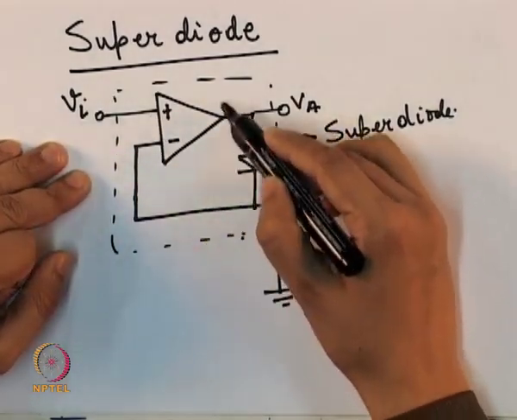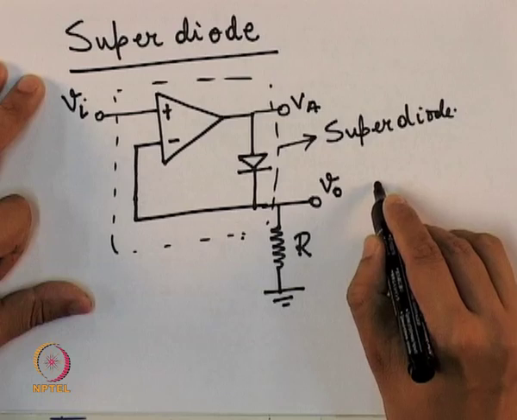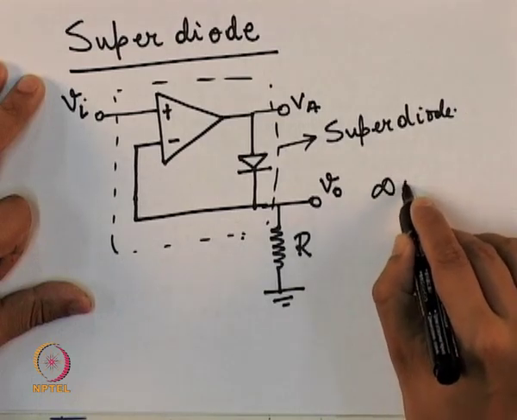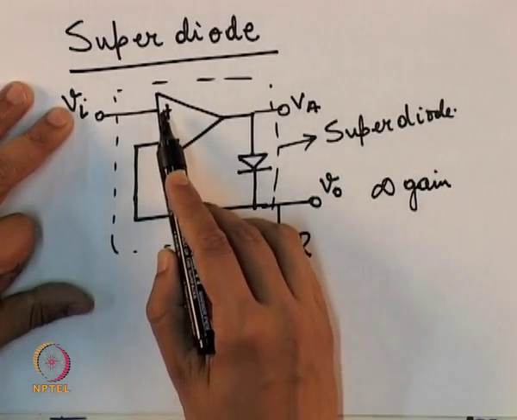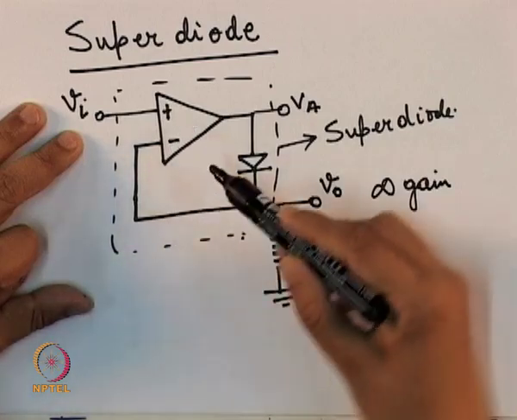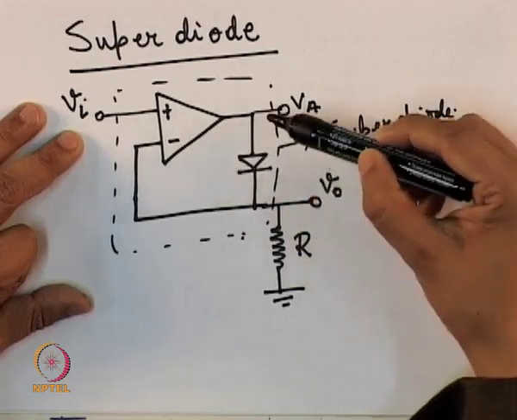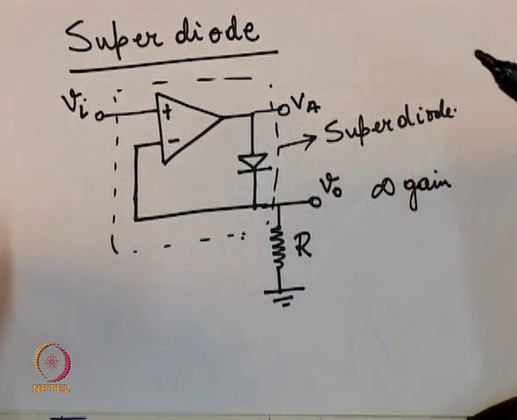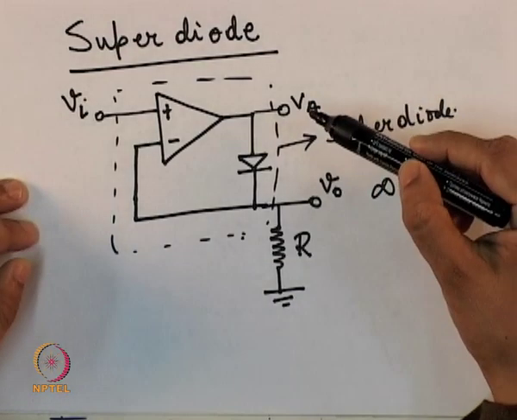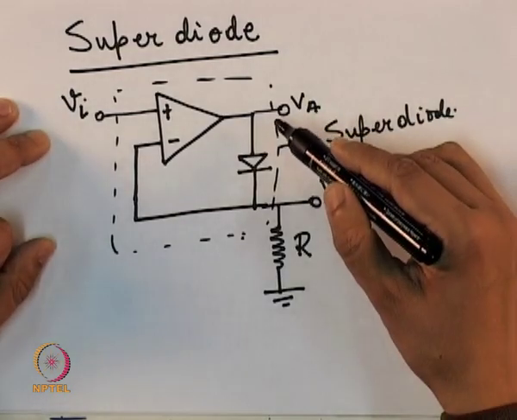First of all, this is say an ideal op amp, and as you know, an ideal op amp will provide infinite gain. So, whenever the input to the non inverting terminal is higher than that of the inverting terminal, I will get an output which should be very high, or for practical op amps it should be equal to the upper saturation voltage of the op amp.